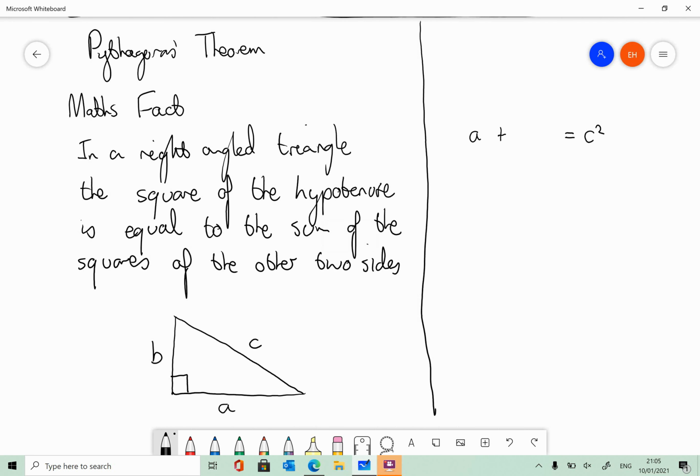So it's A squared plus B squared. So A squared plus B squared equals C squared.